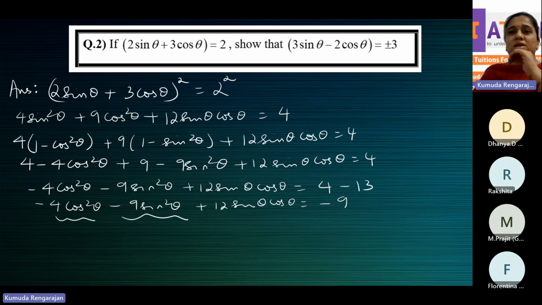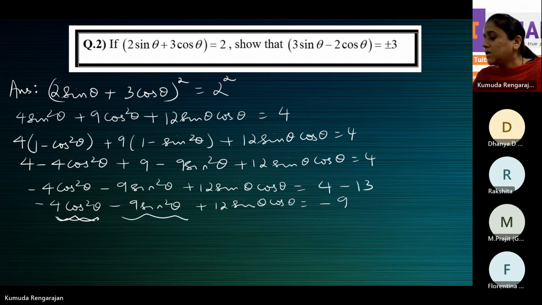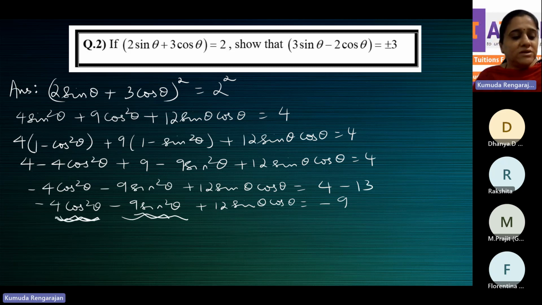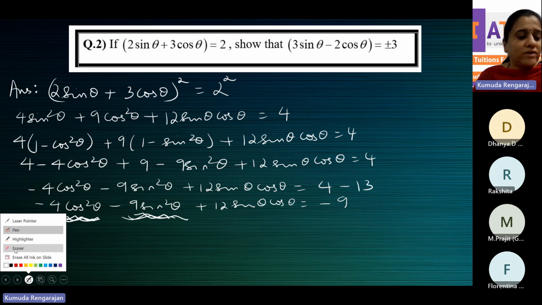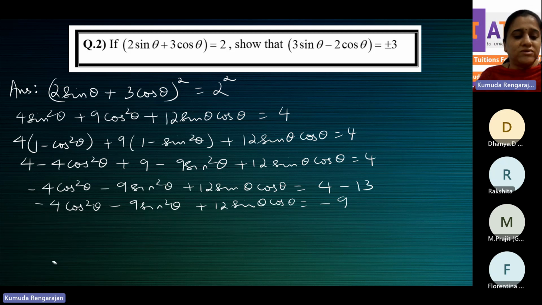But here, the terms that represent a square and b square are negative. No, you don't want that. You want them to be positive. That's the reason why we change the signs on both the sides.